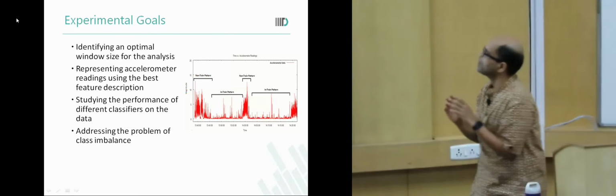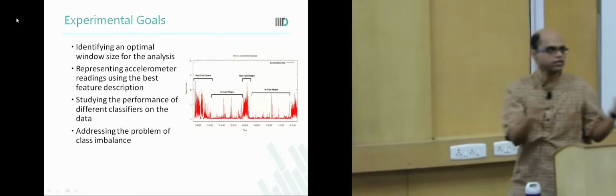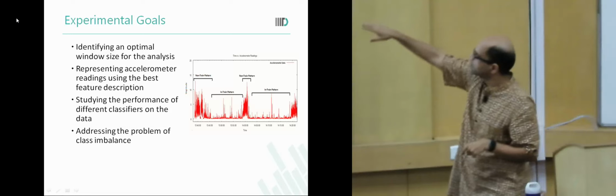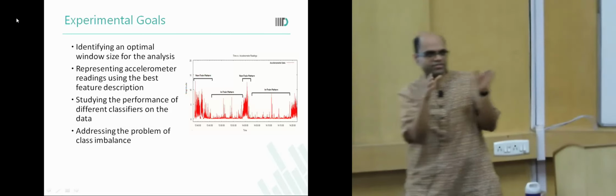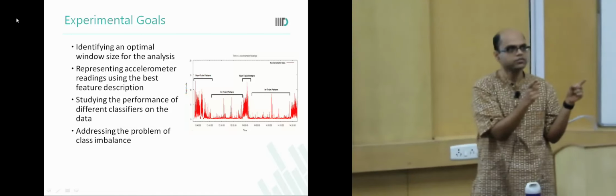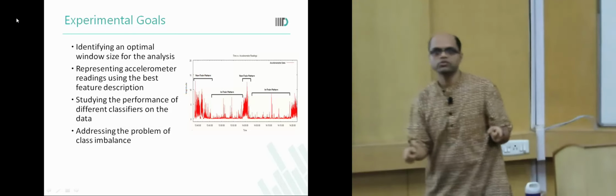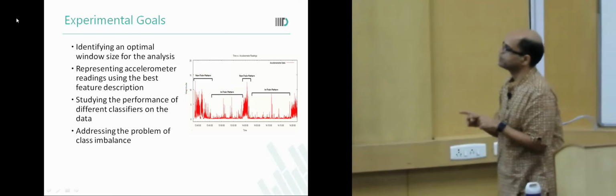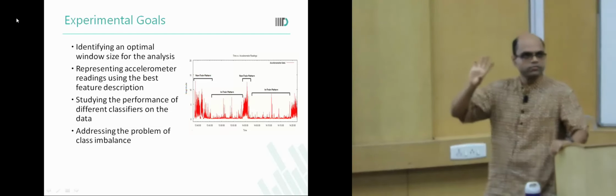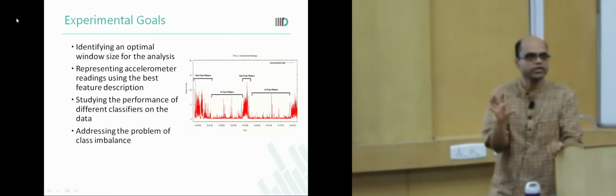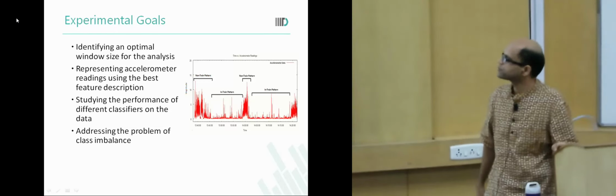Then again when I start walking and so on, it jumps up and down. So the train has a different signature in terms of acceleration, and when I'm not in the train, doing other things in the station, it is a different thing. So there is hope. Visually, if we plot the data, there is hope to proceed further.